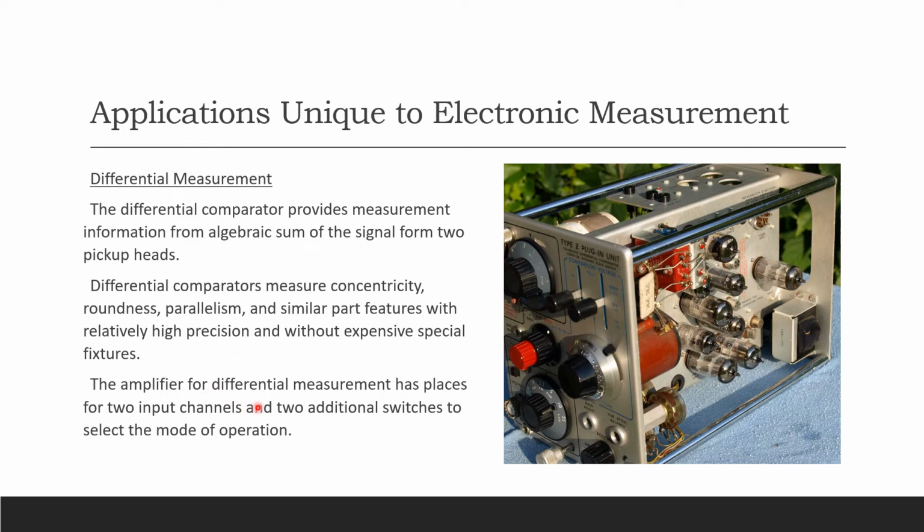The amplifier for differential measurement has places for 2 input channels and 2 additional switches to select the mode of operation. This is what the differential measurement instrument looks like.